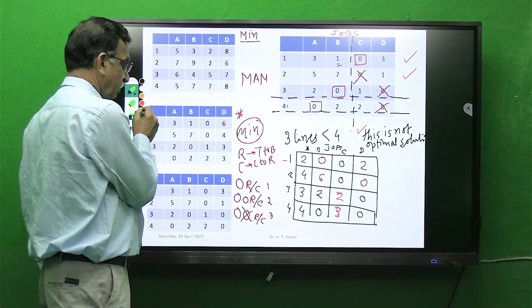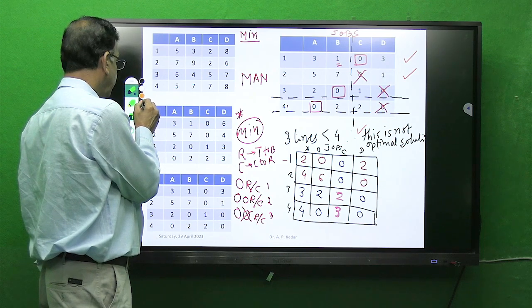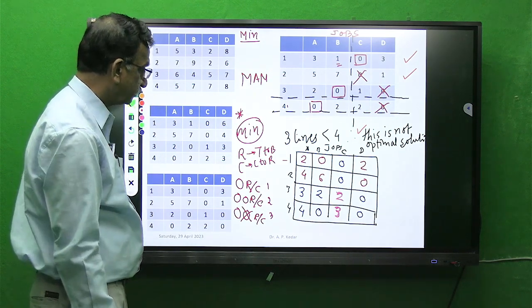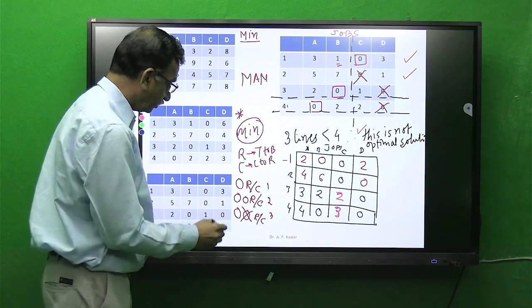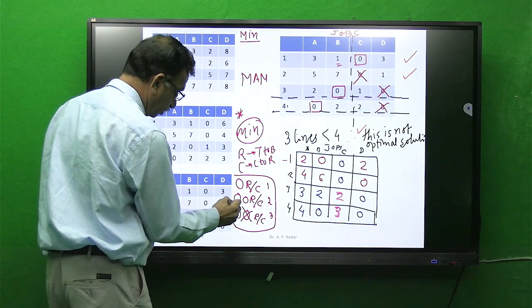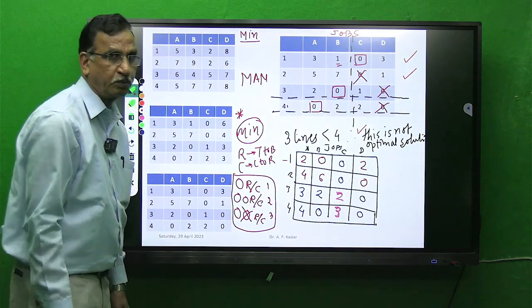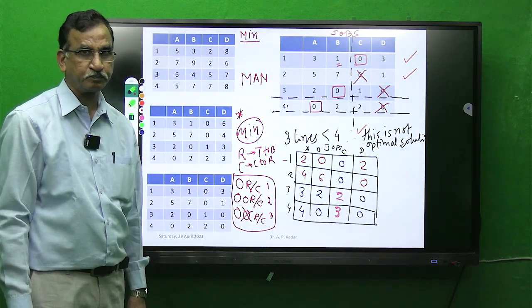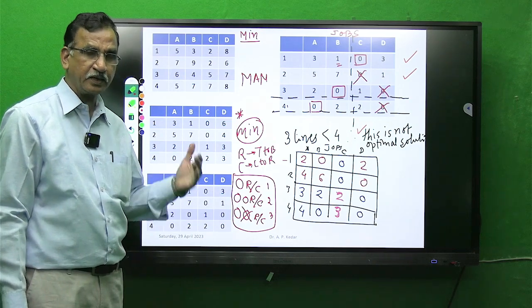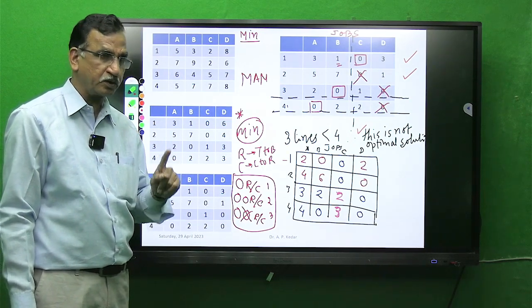And now in this matrix we will carry out the assignment. See how we go. We have to follow this rule. If you don't follow this rule, definitely you are going to commit a mistake. What does the rule say? I am again and again repeating the same thing.